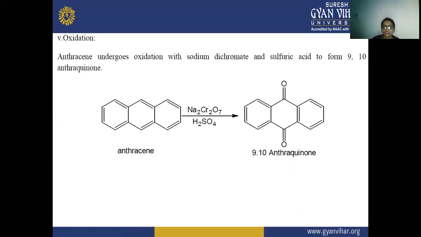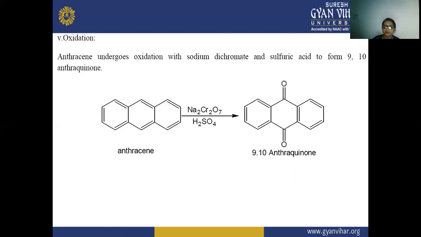Next is your oxidation. So anthracene, when undergoing oxidation with your sodium dichromate and sulfuric acid, there is a formation of this 9,10 anthraquinone. So in the presence of this oxidant, that is the sodium dichromate, and in the presence of the sulfuric acid, there is a formation of this 9,10 anthraquinone.